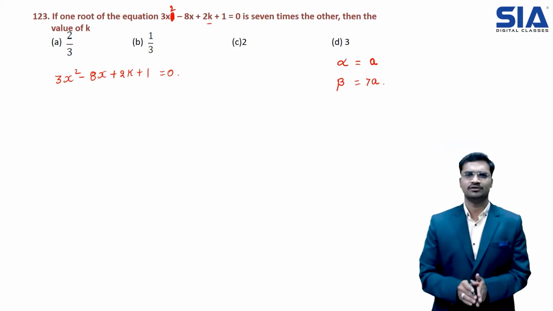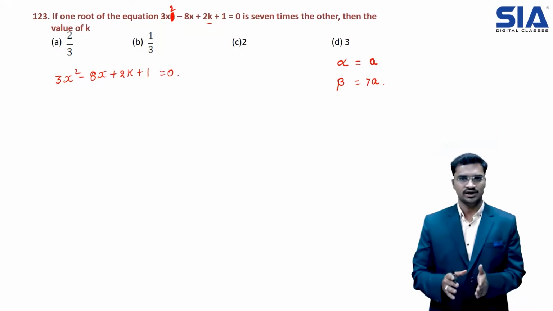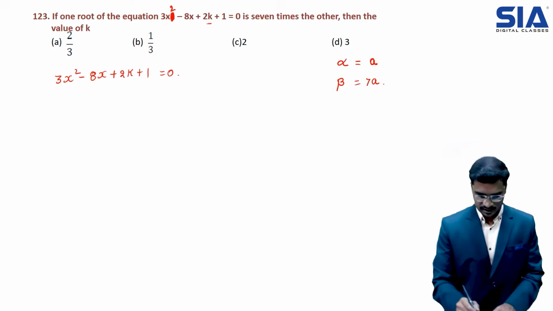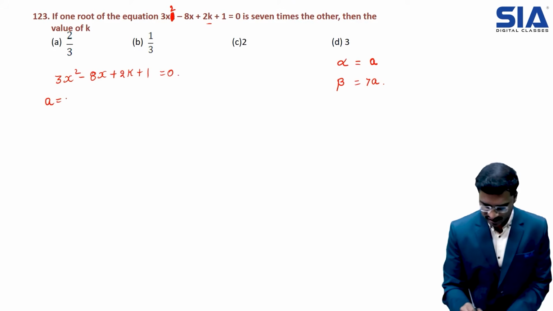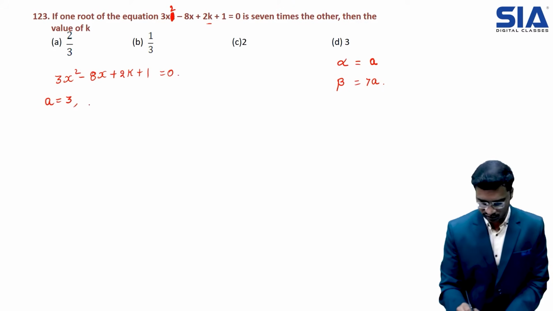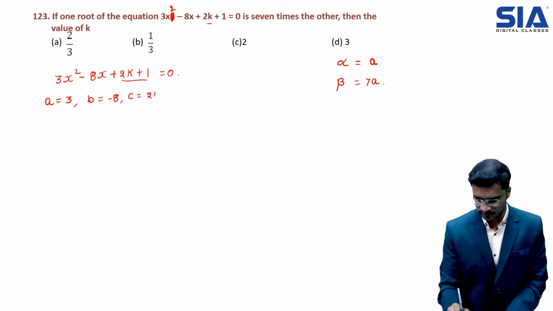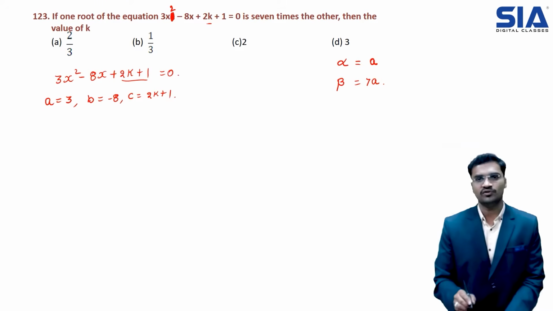Comparing this with the standard equation ax square plus bx plus c, the value of a here is 3, the value of b is minus 8, and the value of c is 2k plus 1. So we have to find the value of k.